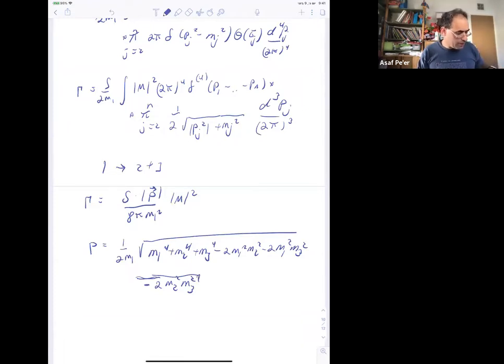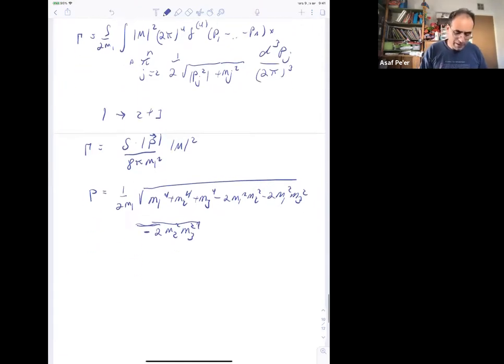And then I told you basically that for scattering, we want to calculate the cross section, and we end up with a very similar result.